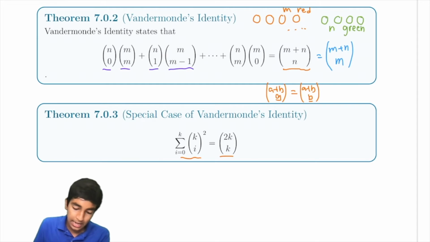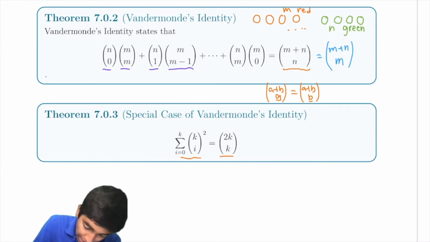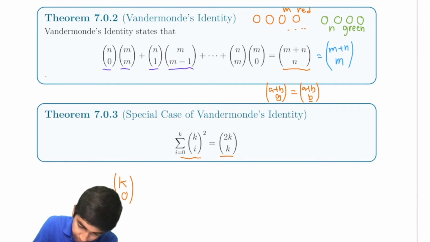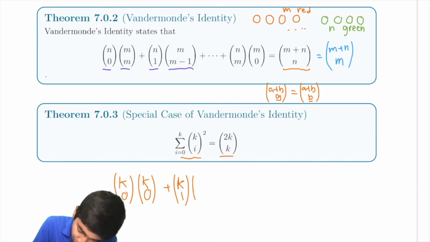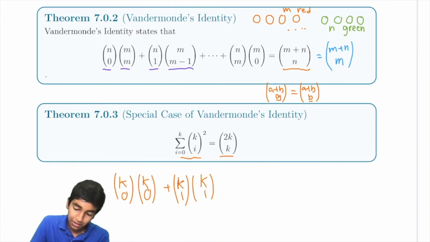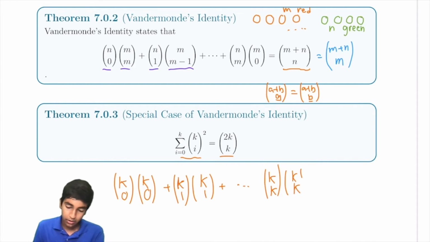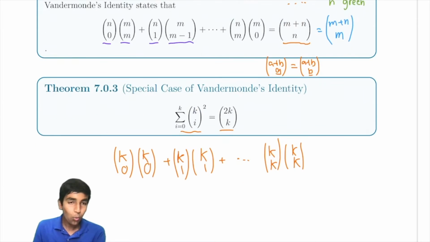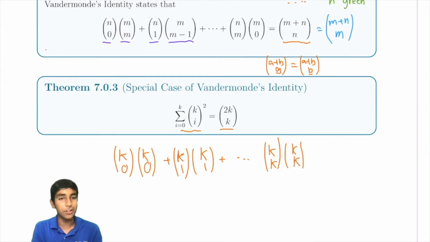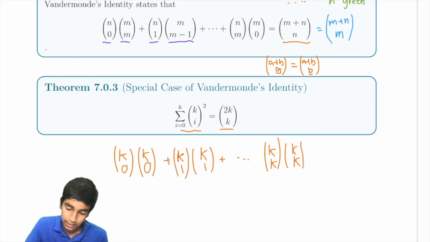Now essentially what that is saying is that, look here, we have k choose 0 times k choose 0, plus k choose 1 times k choose 1, plus and so on, k choose k times k choose k. Okay, well, what do we know is also equal to k choose 0? K choose k. Remember this identity over here.